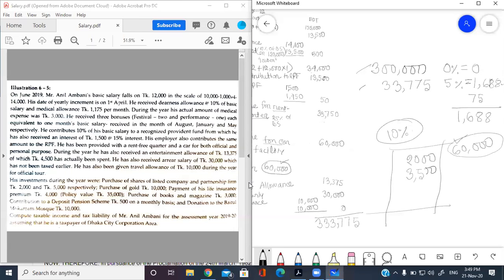So we see the contribution made by Mr. Ambani is 6,000. So how much we can write? 6,000. If Mr. Ambani made contribution of 106,000 in DPS, how much amount we would write? 60,000. Okay.